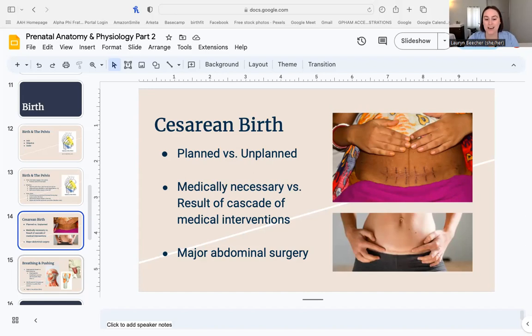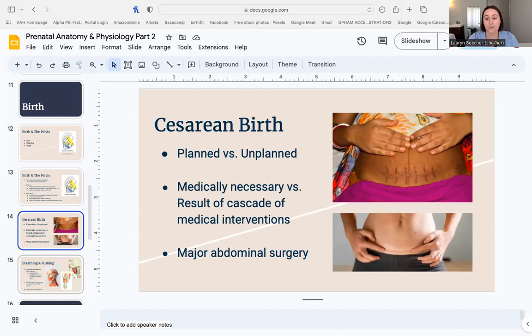So with that, just the whole idea of planned versus unplanned, keeping in mind many cesareans are medically necessary. It is a life-saving procedure, but there are also some times where it is more the result of a cascade of medical interventions. So that's where that whole idea of being able to hold space for your students comes in.